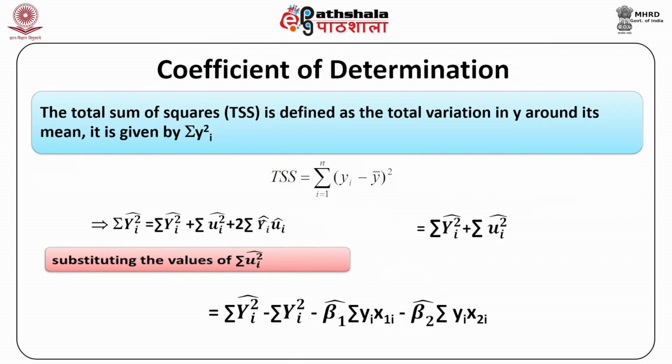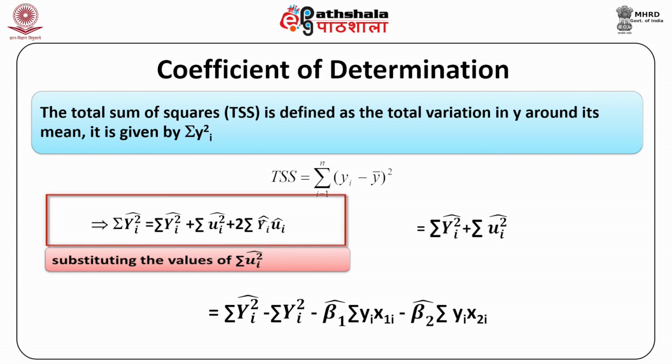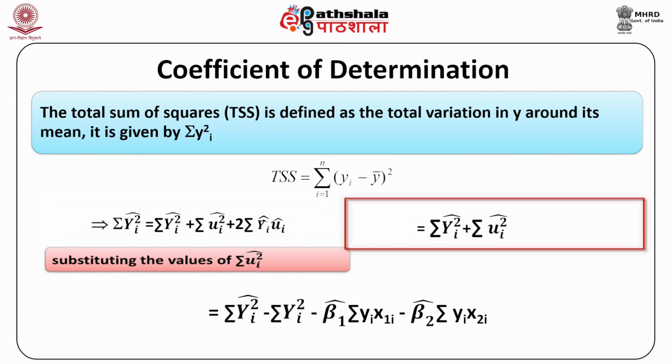The total sum of squares, or TSS, is defined as the total variation in y around its mean. It is given by sigma y squared i. TSS is equal to sigma i moving from 1 to n, in bracket, yi minus y bar, the whole squared, which implies sigma yi squared is equal to sigma y hat squared i plus sigma u hat squared i plus 2 sigma y hat i u hat i, which is equal to sigma y hat squared i plus sigma u hat squared i.